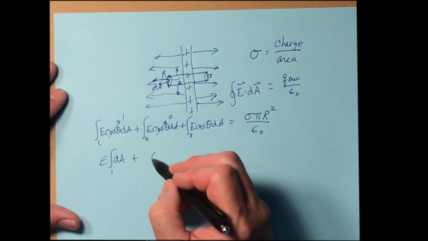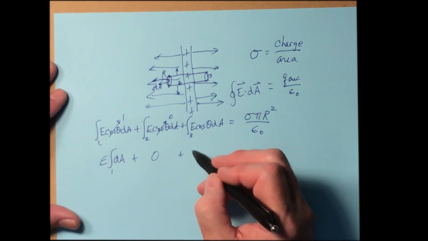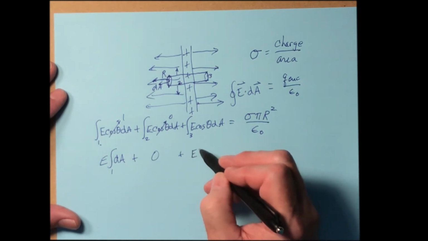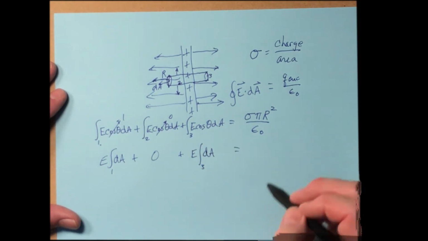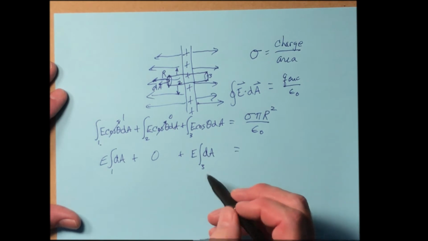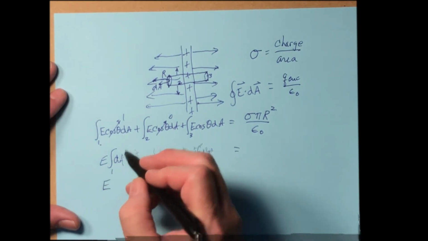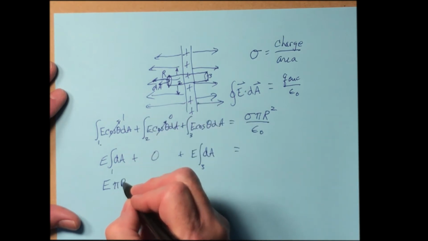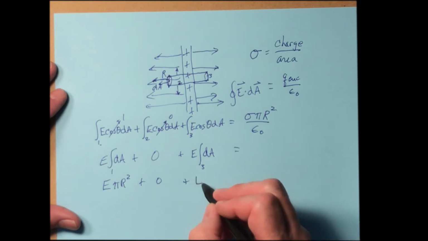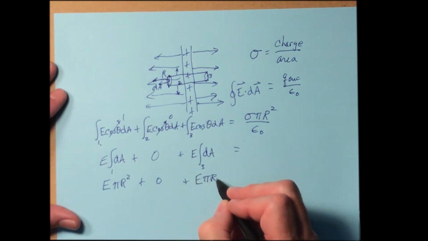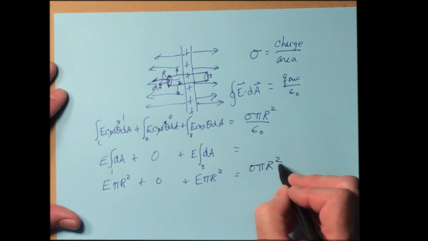Plus, now we already said the central one is 0, plus we can do the same sort of analysis here, and we're going to end up with E for area 3 dA equals that stuff on the right. Okay, well, what are these dAs then? Well, for area 1, that's just pi r squared, plus 0, plus E pi r squared, and that's equal to sigma pi r squared over epsilon naught.